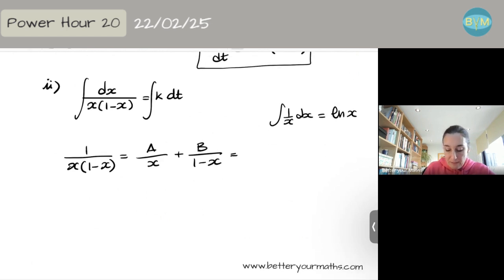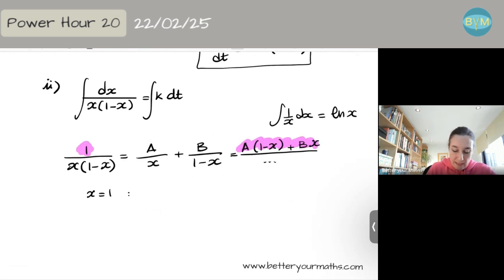Split in partial fractions. I have a(1 minus x) plus bx, and then divided by the same. I substitute the x by 1, for example, comparing this with the original to find a and b. When x is 1, the left is still 1, and on the right this bit is 0 and I have b times 1, so b is 1 already.